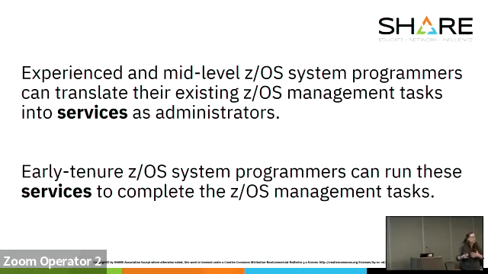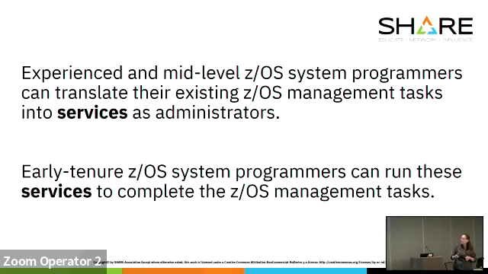So now I can encode that into the service, that all of my ZFS file systems start with OMBS. Or if they have to go on a specific storage class, I can encode that into the service. And this makes it very easy, because not only are these early tenure system programmers using these services and doing things very quickly, but they're conforming to the enterprise guidelines that you have encoded as an administrator.